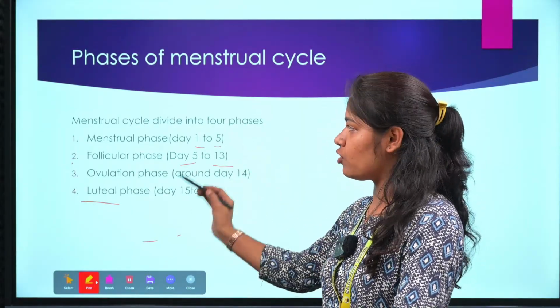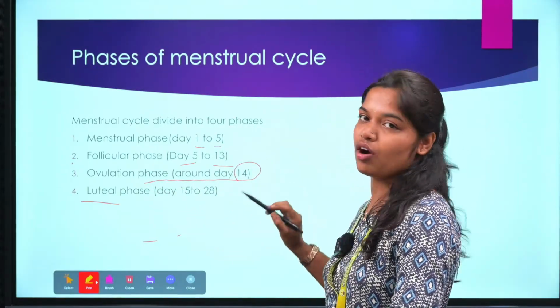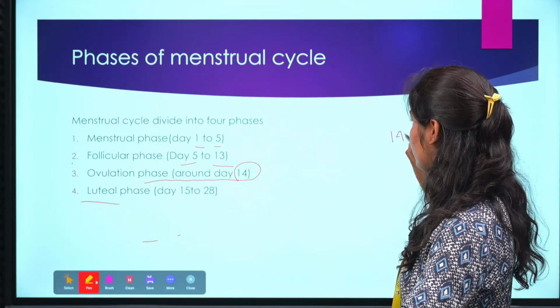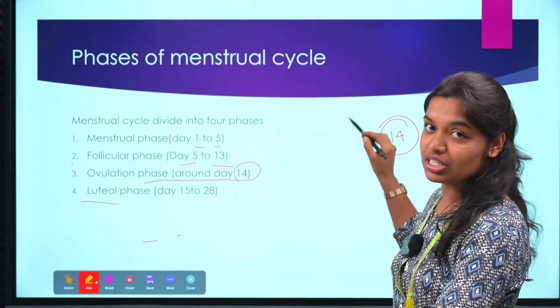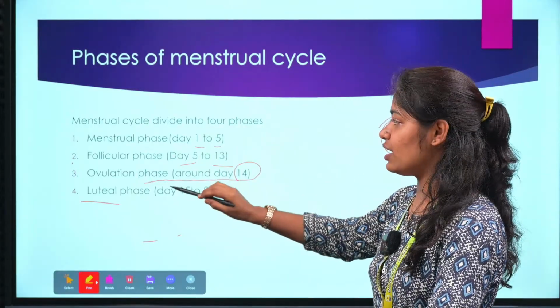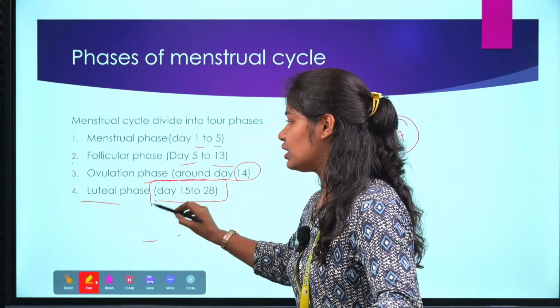The ovulation phase is around the 14th day of the menstruation. Then the last one is the luteal phase, day 15 to day 28.